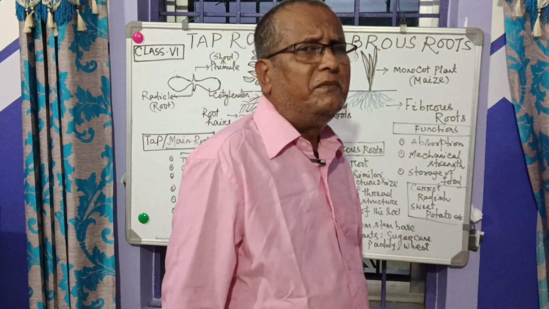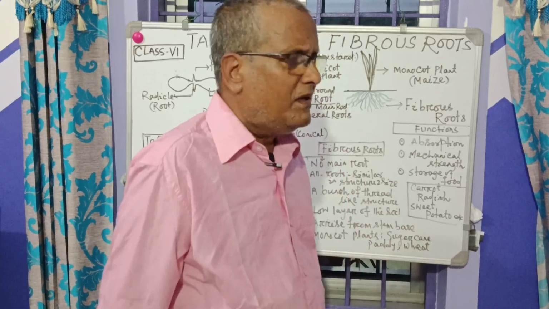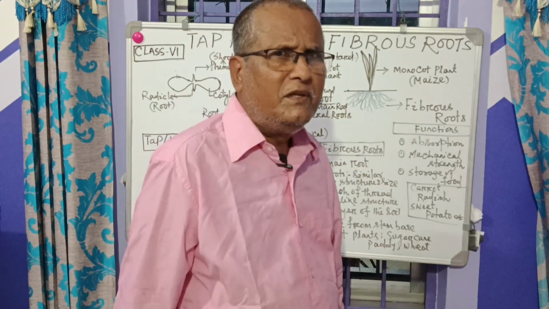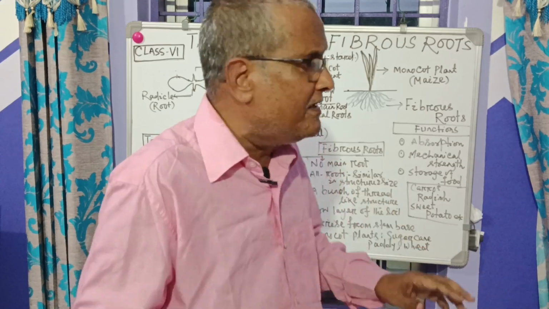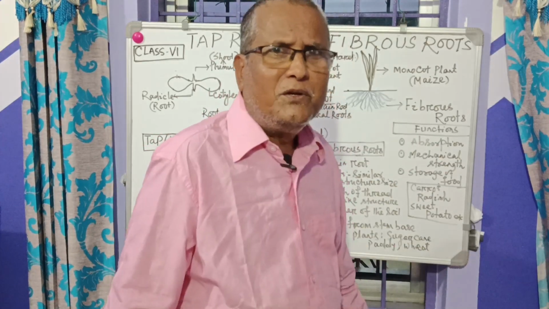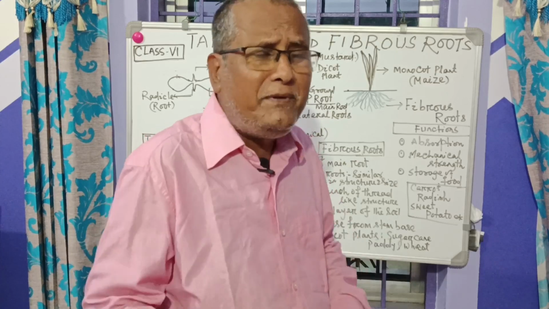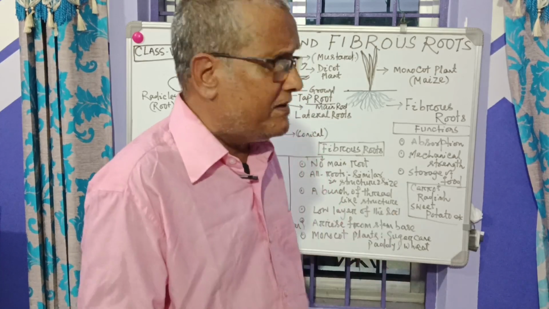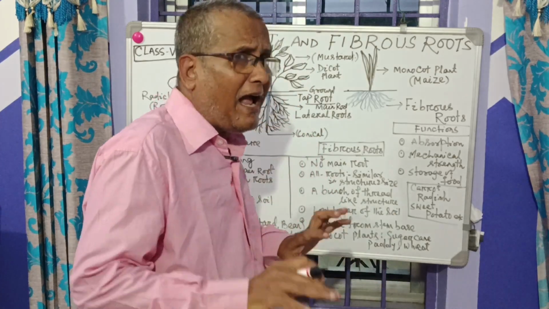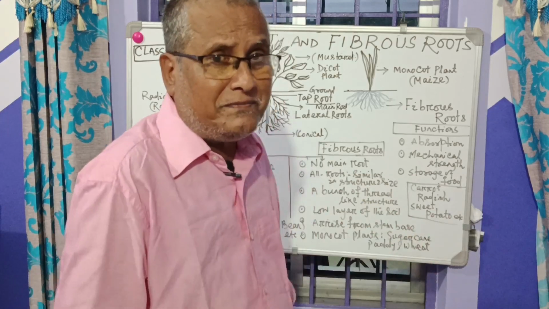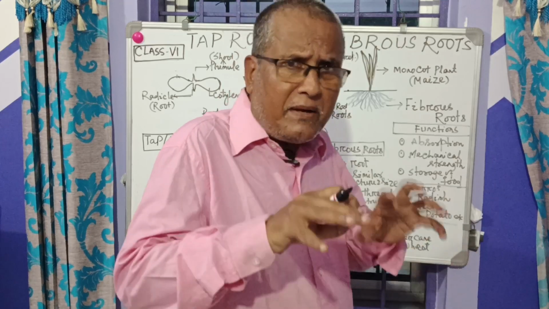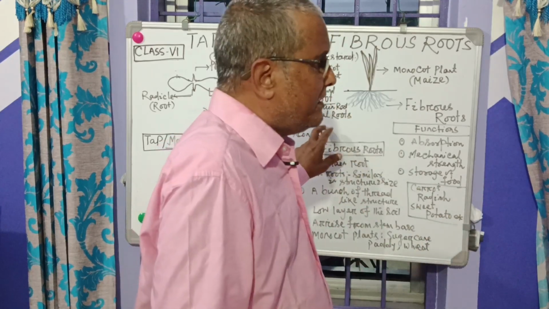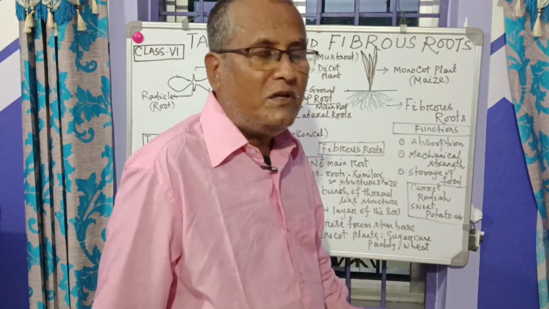Then another function: the roots give mechanical strength to the plant so that it is difficult to uproot a plant. That's why roots are called anchors. They hold the plant firmly in the soil.